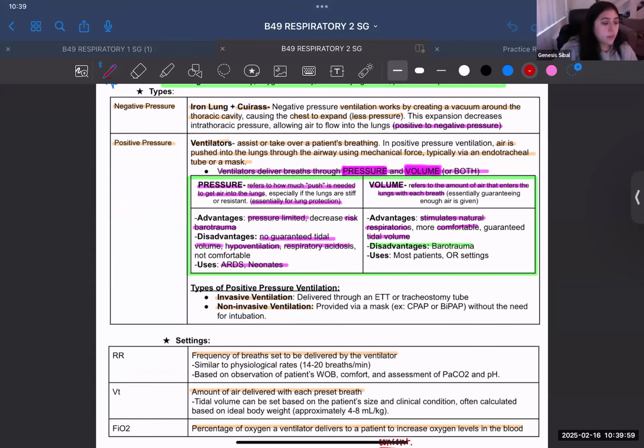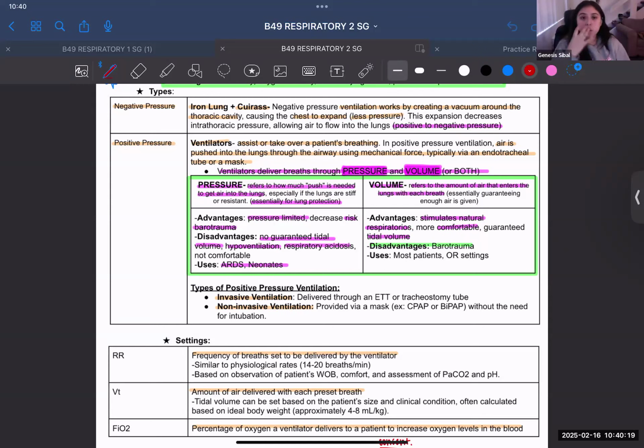I talked about this last week, but I don't mind going over it again in a little more depth. So, negative pressure. When we're talking about negative pressure, that includes those 2 examples. Why it's called negative pressure is just because it's changing the pressure of the thoracic cavity, so it's not directly putting air into the lungs like with positive pressure.